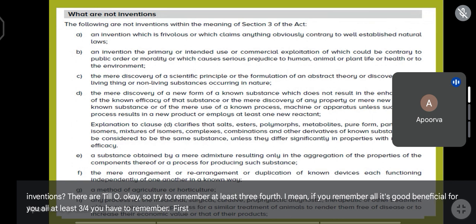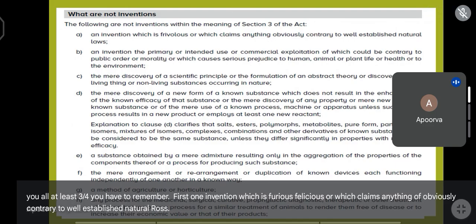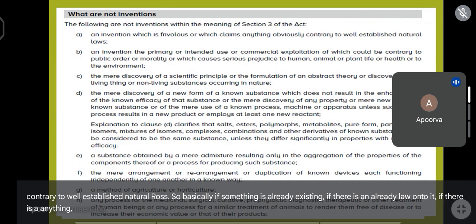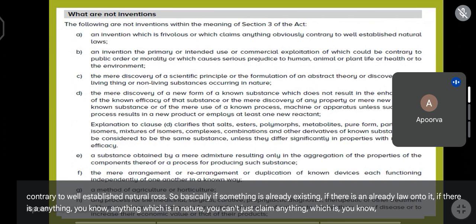First one, an invention which is frivolous or which claims anything obviously contrary to well-established natural laws. So basically, if something is already existing, if there is already a law on it, if there is anything which is in nature, you can't just claim it.